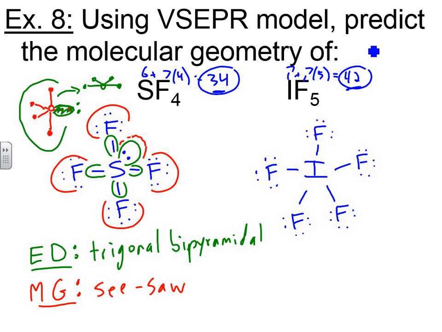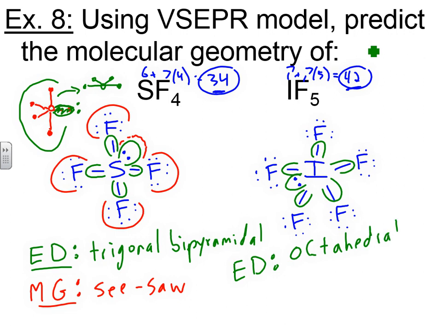And that's how we get 6 around the center. So if you count them, we have 6 electron domains, 3, 4, 5, and 1 non-bonding pair. So our electron domain geometry in this case will be octahedral. The famous octahedral geometry. And then, as you see, 5 of them are bonding and 1 is non-bonding.